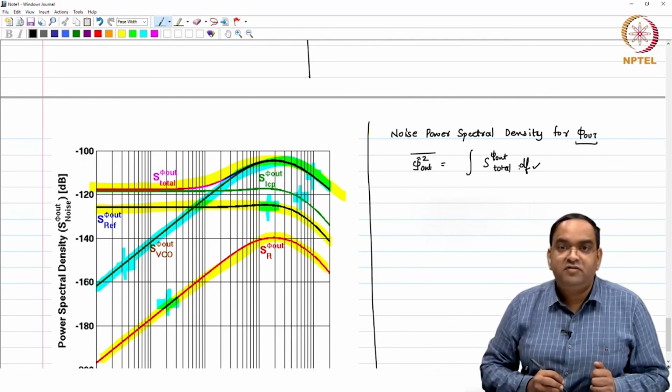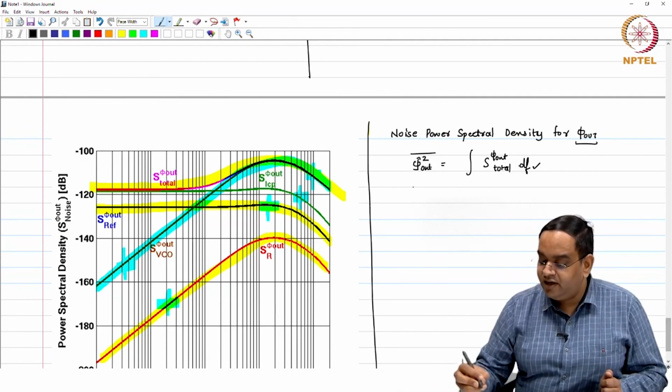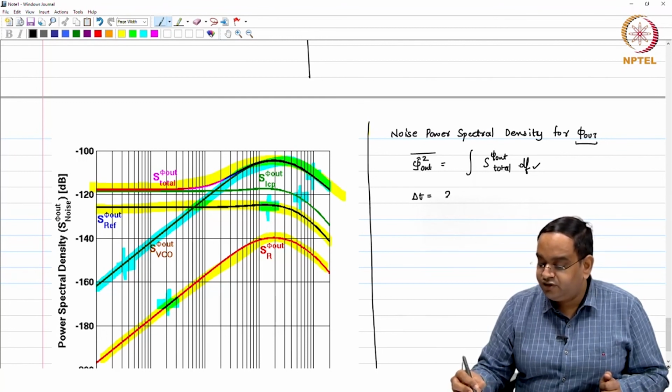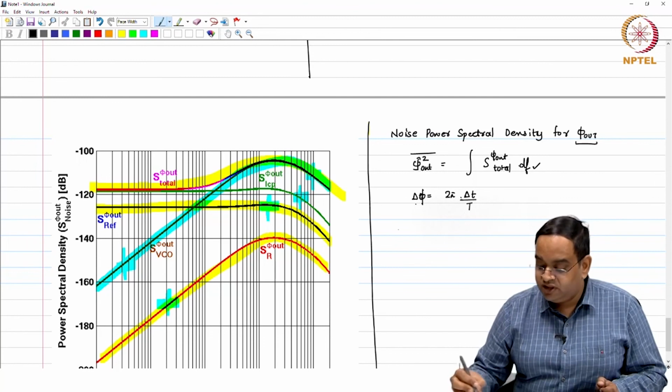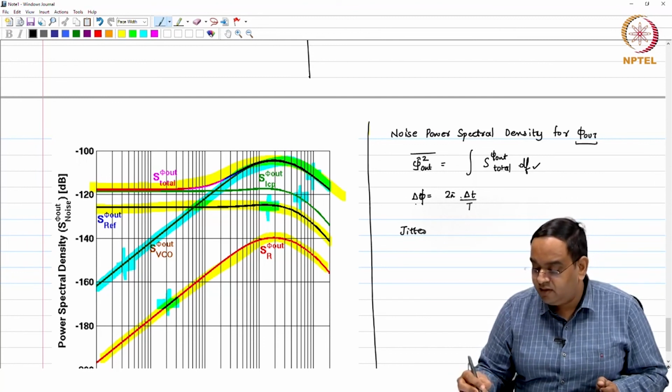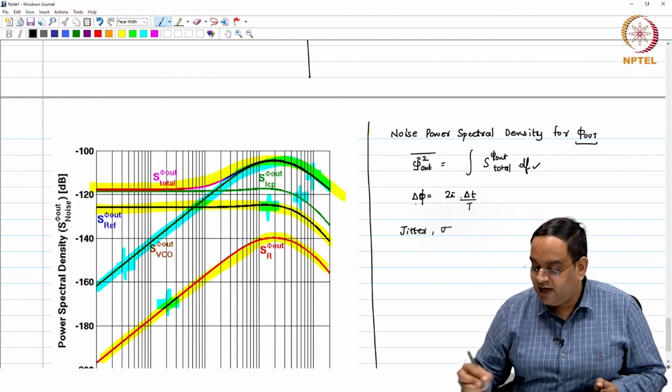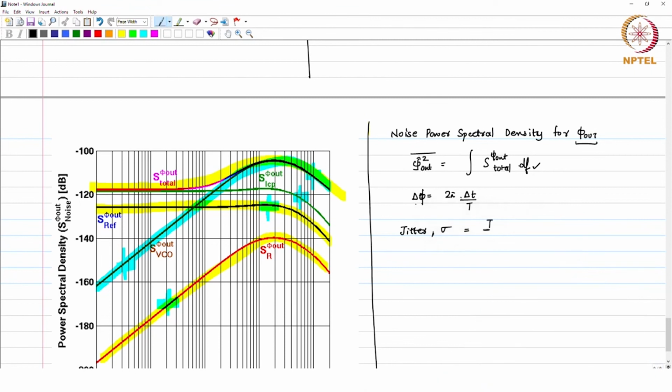So, we get this phi out, and how is jitter related to phi out? Well, the phase error delta phi is related to 2 pi times delta t by T. So, the jitter in the time domain, the jitter value sigma, is defined as T by 2 pi times the square root of the integral of S phi out total df, and you will get the jitter in seconds.